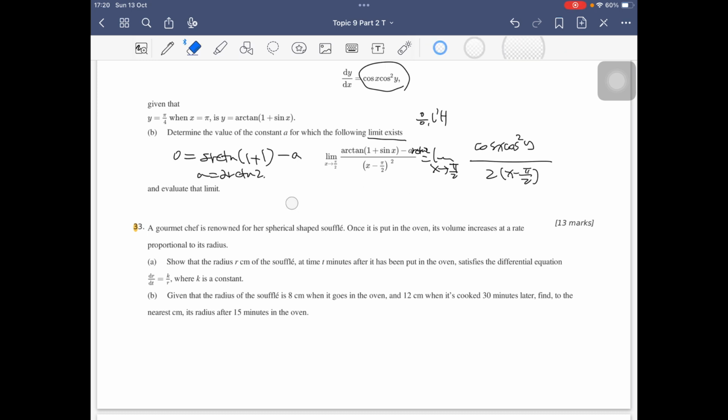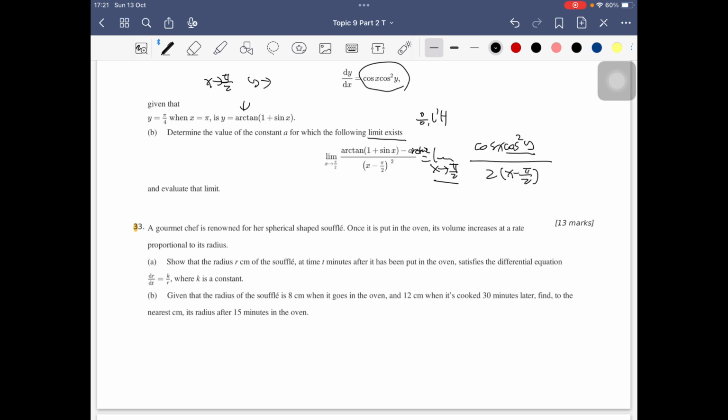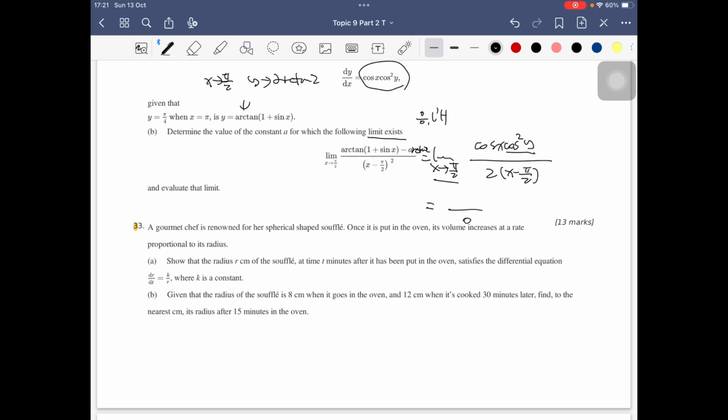So here, when x goes to pi over 2, y goes to arctan 2. So here 0, because of cosine, it goes to 0. And so we need to do another one.